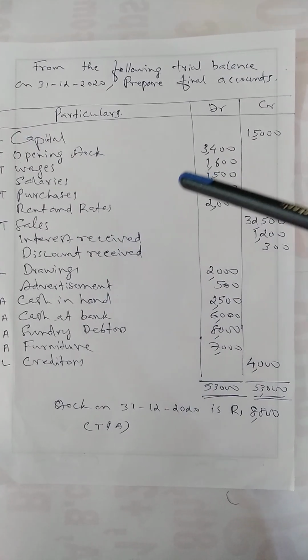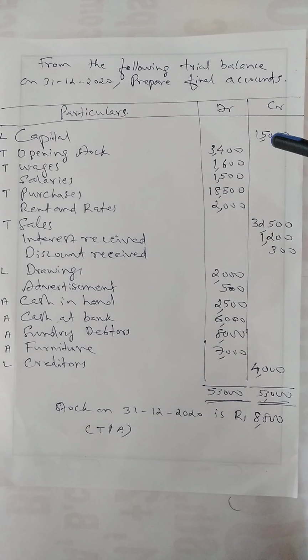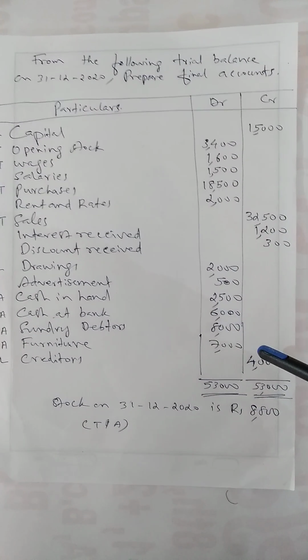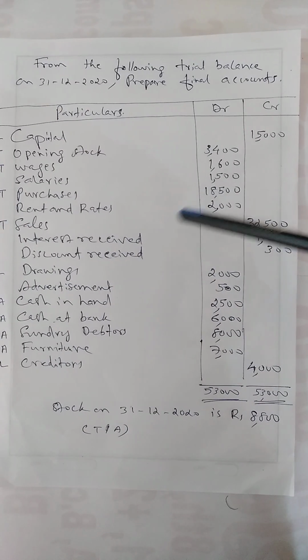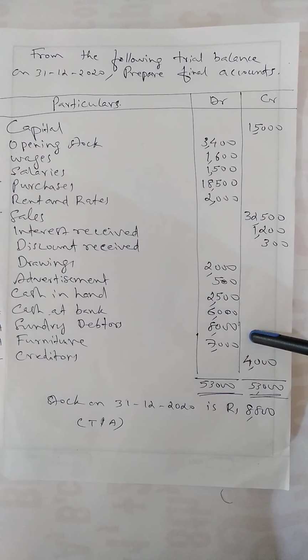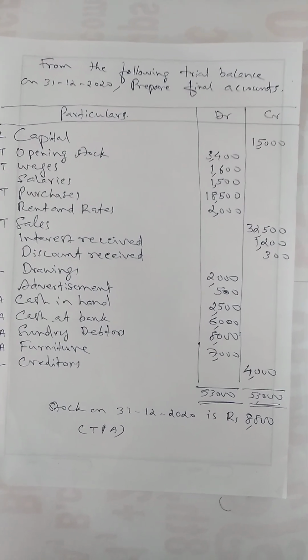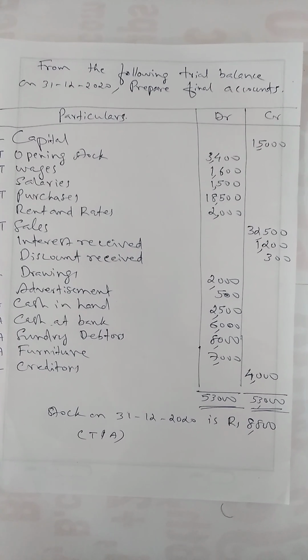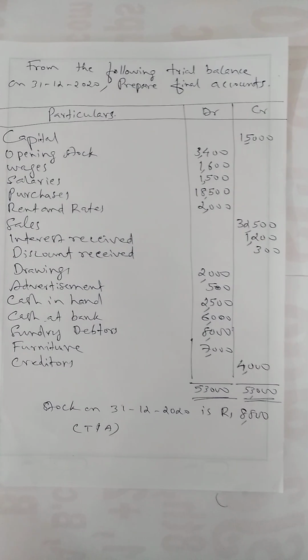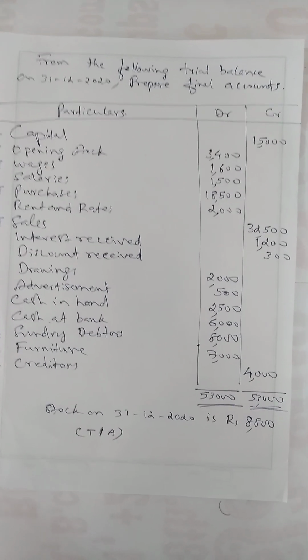That means the amount of all liabilities and incomes should be shown on the credit column. So this trial balance is prepared on that accounting rule, that accounting principle. Assets and expenses have a debit balance, and liabilities and incomes have a credit balance.